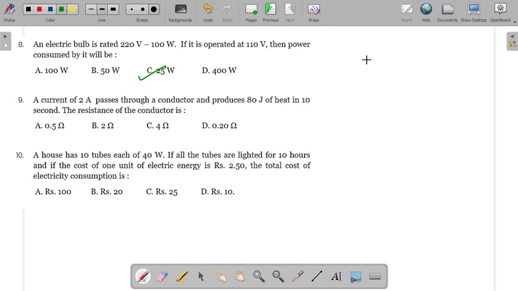So children, we had already told you that energy is some kind of work done, even if it is heat energy, which is equal to power into time, and power is I square R. So H equals I square R T. This is also known as Joule's law of heating.